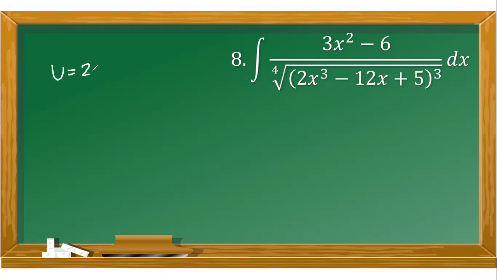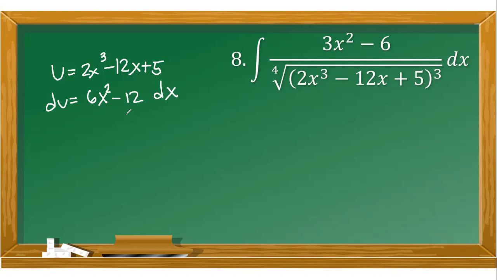So 2x cubed minus 12x plus 5. Simple as that. So our du is 6x minus 12 dx. Okay? So do we see a 6x? Okay, I'm sorry, this is 6x squared minus 12 dx. So none. What we have here is only 3x squared minus 6 dx.